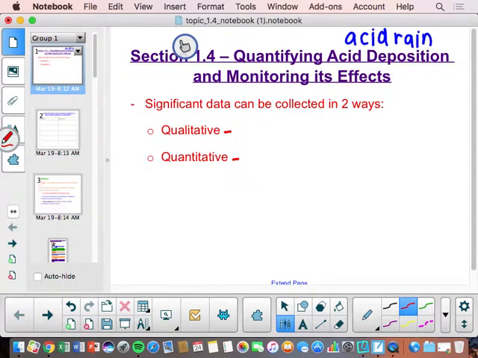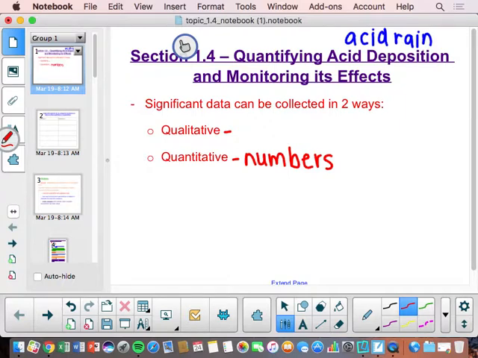A what? Yeah, an amount, a number. So think of quantitative data as having numbers. If I wanted to test the soil, I'd say the soil has a pH of 5. That's a quantitative data point because it's got a number. How can I qualitatively tell you that the soil is acidic?